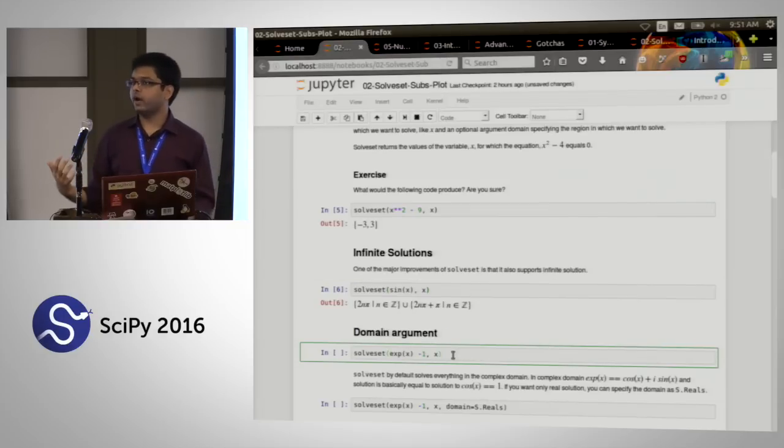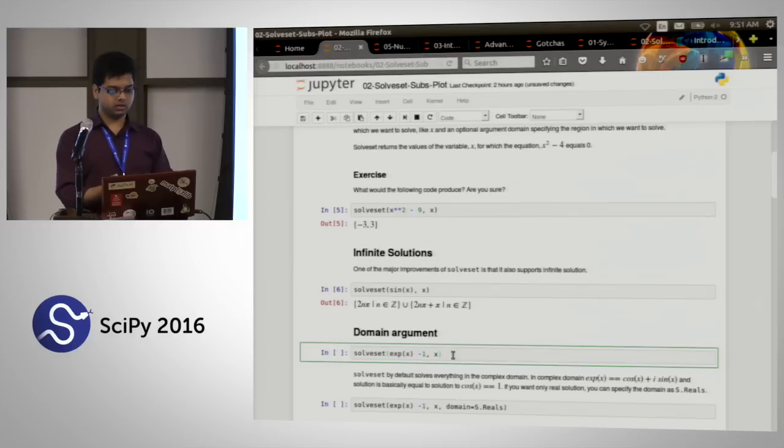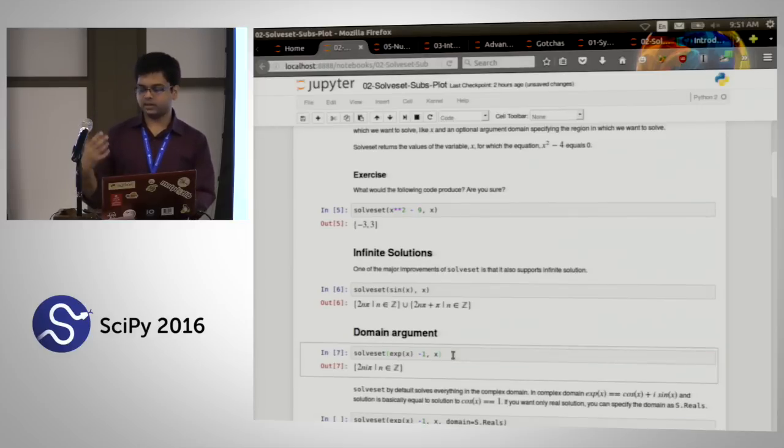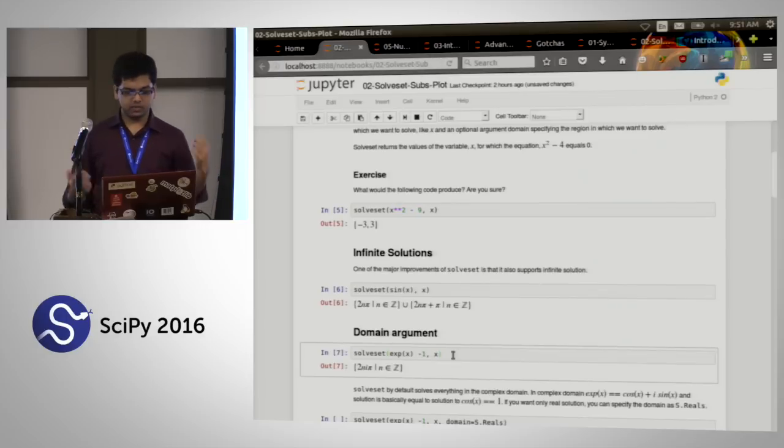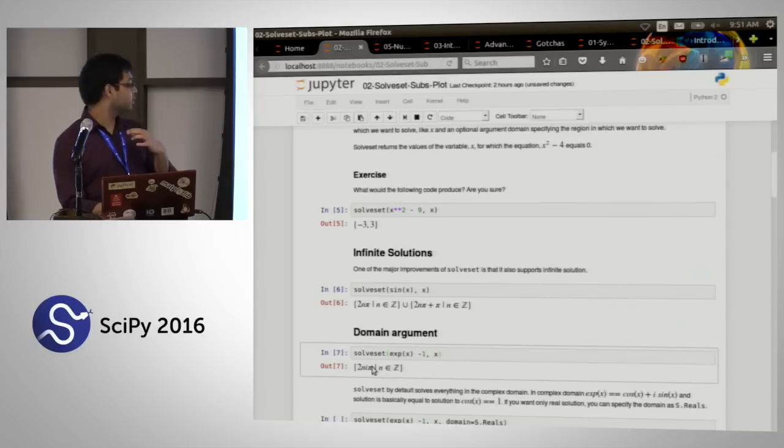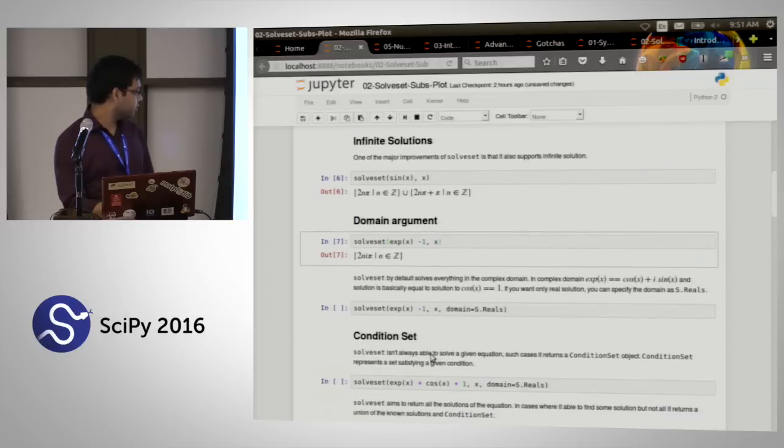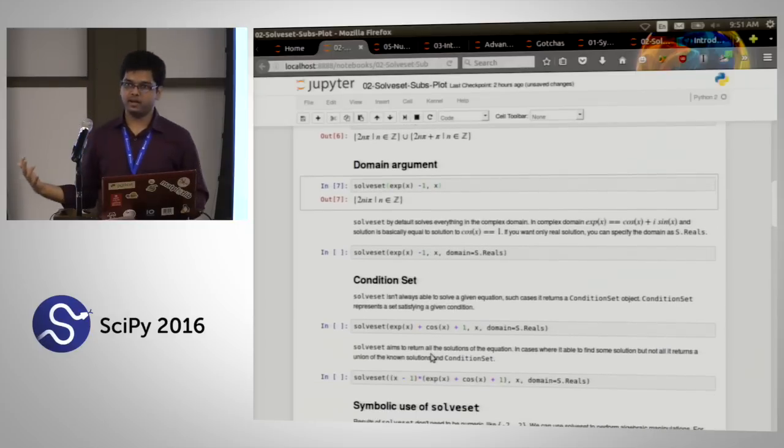Now if I try to solve exp x minus 1, we get the solution 2n I pi.